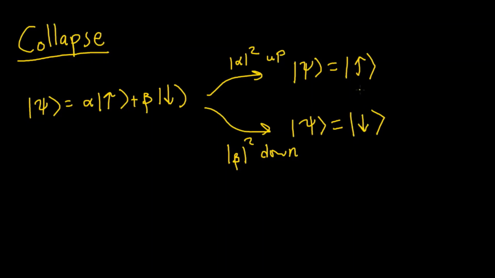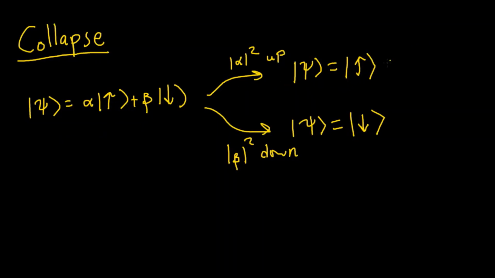And what this means is that if you conduct the same measurement a bunch of times over and over, you're going to always get the same answer. Let's say the first time you measured it, you found that it was spin up.